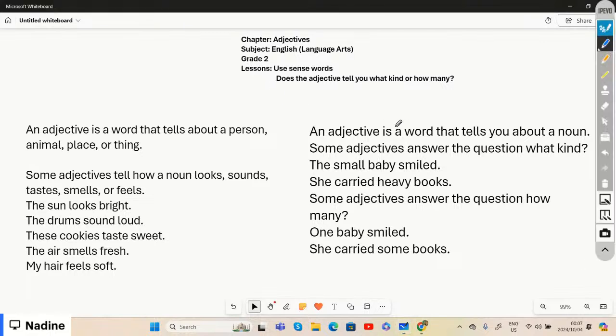So we see that an adjective is a word that tells you about a noun. And remember, a noun names a person, animal, place, or thing. So an adjective is a word that tells you about that person, the animal, the place, the thing.